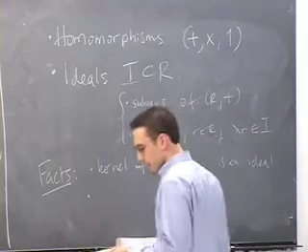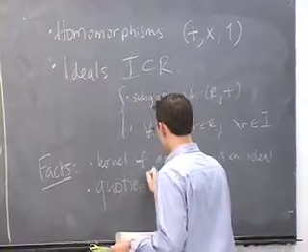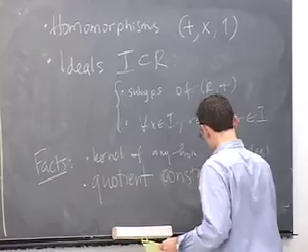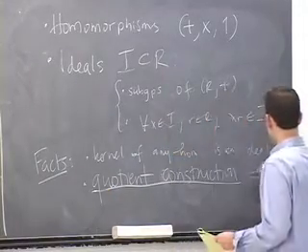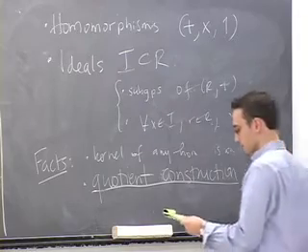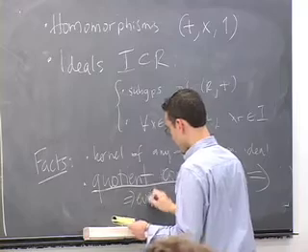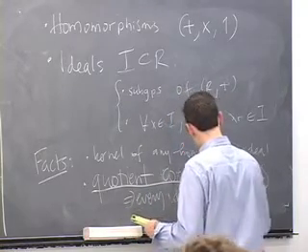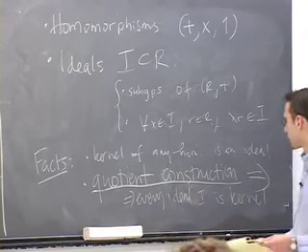But there's a converse to that statement, because we saw that there's a good quotient construction. And that quotient construction implies in particular that every ideal I is the kernel of some homomorphism.